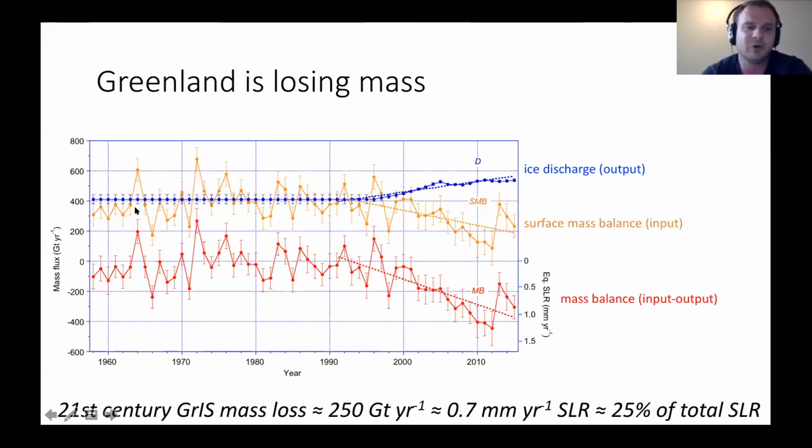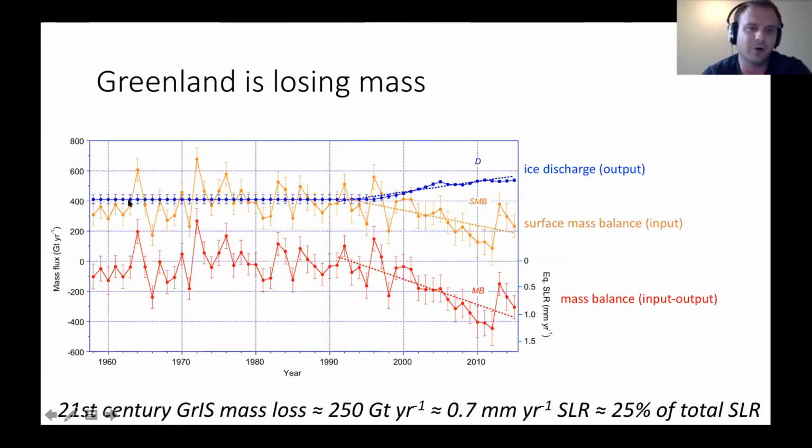And if you put this in the perspective of where this variability, and also the trend, comes from, it is highlighted by showing the blue line here on top, which shows basically the ice discharge from the Greenland ice sheet. So the amount of ice that is lost by the glaciers.